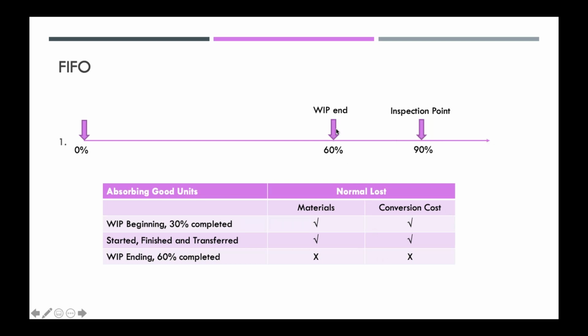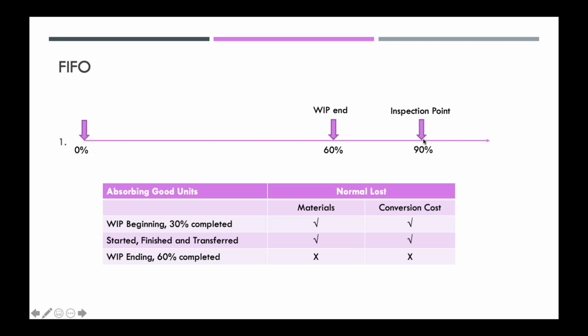Now, the work in process end, which is 60% completed only, hindi nakarating ng inspection point. Okay, so ang assumption nun, wala dito yung loss units. Ang suffer lang yung lumampas ng 90%.